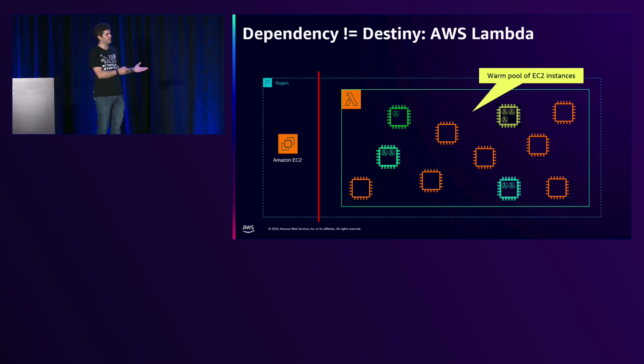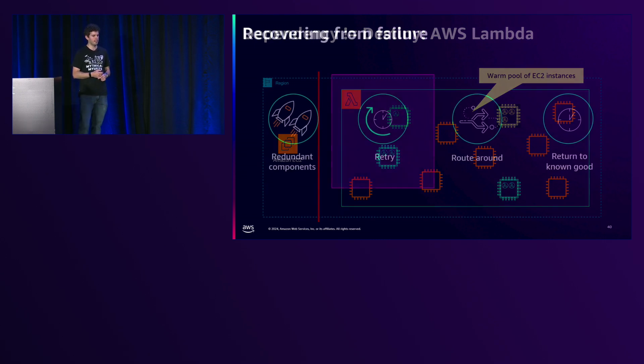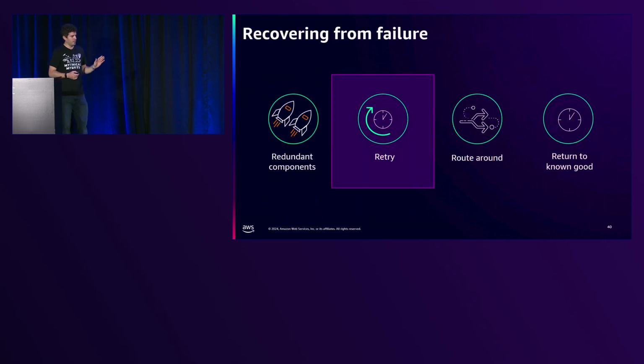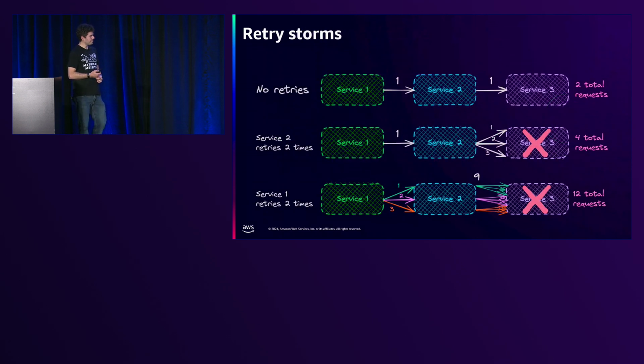We have a warm pool of those instances already, and the warm pool is running and dedicated to part of the Lambda service, and the Lambda service has its own control plane that is allocating capacity to customers as it's provisioned. But there's not any dependence that they've taken further on the EC2 service to take that capacity. They've pre-provisioned what they think is the appropriate amount of headroom for them to continue operating. So that's static stability. Next, we'll talk about retrying.